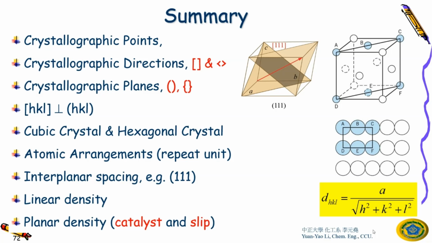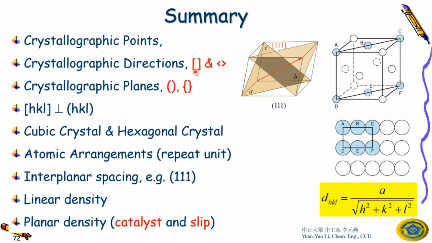As usual, let's recall what we have learned in the last lecture. This is the summary of the material we learned last lecture. We started to learn how to address the crystallographic points in a unit cell, and also the crystal directions in the unit cell.